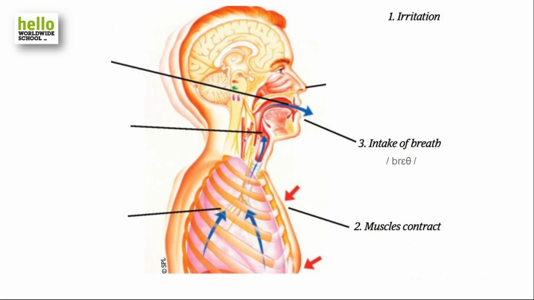Okay, so muscles contract, and the brain tells the respiratory muscles to contract. Good. Now, the third stage is the intake of breath, right? So the contraction of the diaphragm causes a sharp intake of breath.